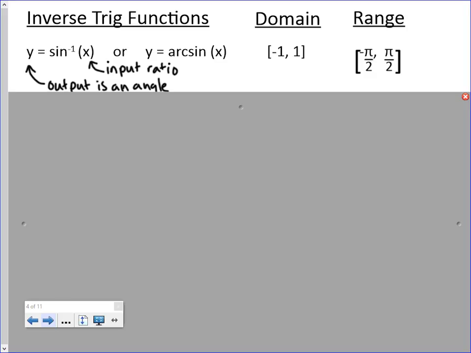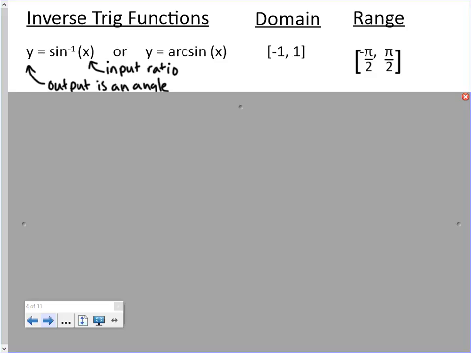So if I know the ratio of the two sides on the triangle, if I know the opposite over hypotenuse, I can do the arcsine of the opposite over hypotenuse ratio, and that will tell me what my angle is. Also really important on the other side is going to be domain, -1 to 1, and range negative pi over 2 to positive pi over 2.